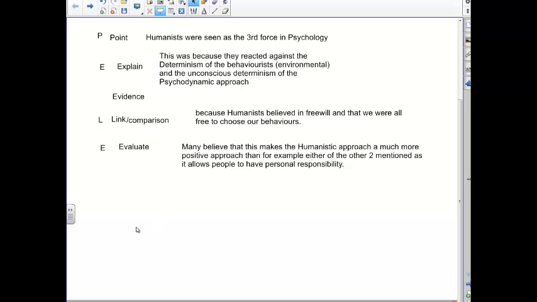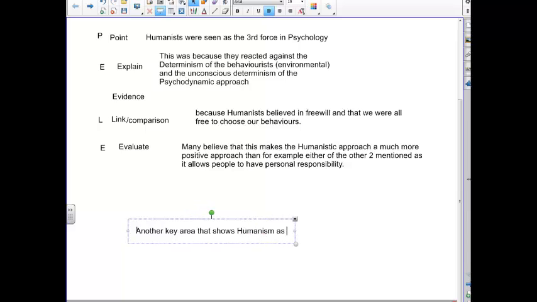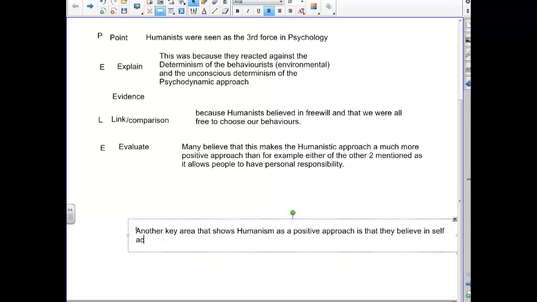And we might want to say our point is another key area that shows humanism as a positive approach is that they believe in self-actualization.